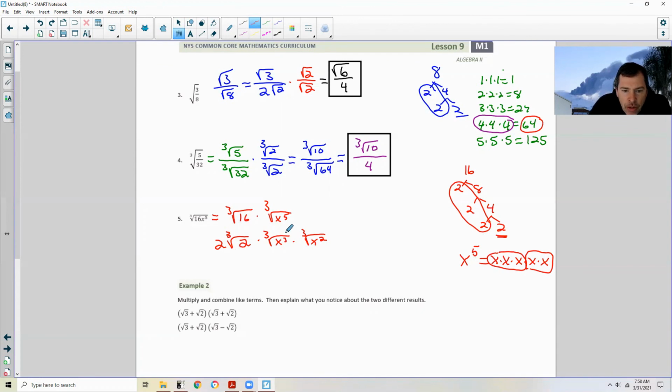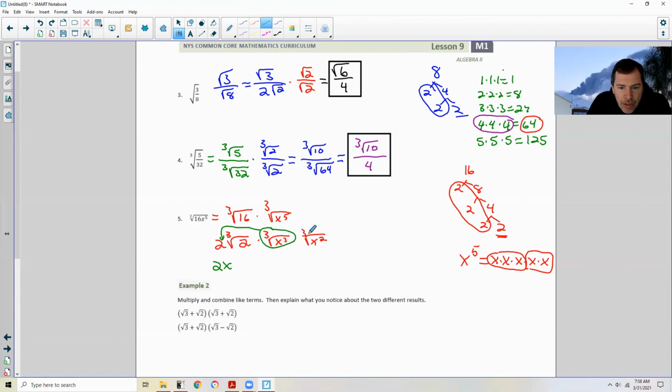So this right here, let me change colors, can get moved over to outside. So we're going to end up with 2, and then the cube root of x cubed is just simply x.